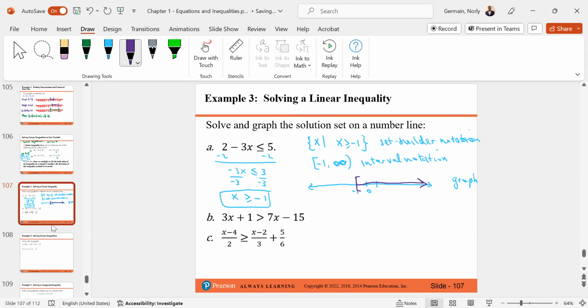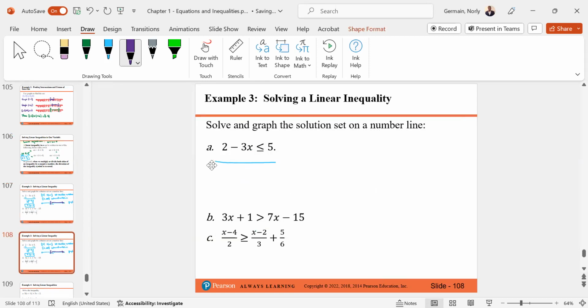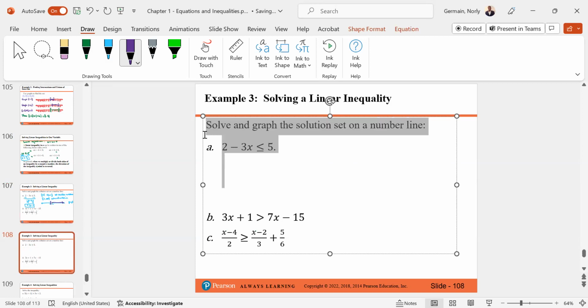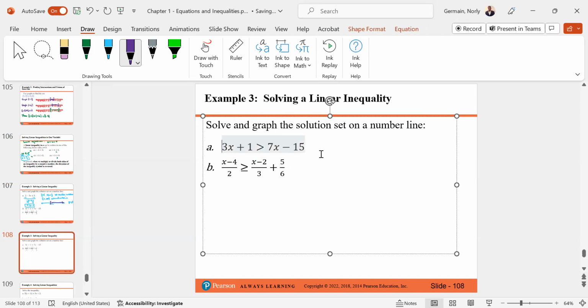But we can also see some other examples. If I erase this very quickly, we need space. I'm making space because we're going to do the second one.